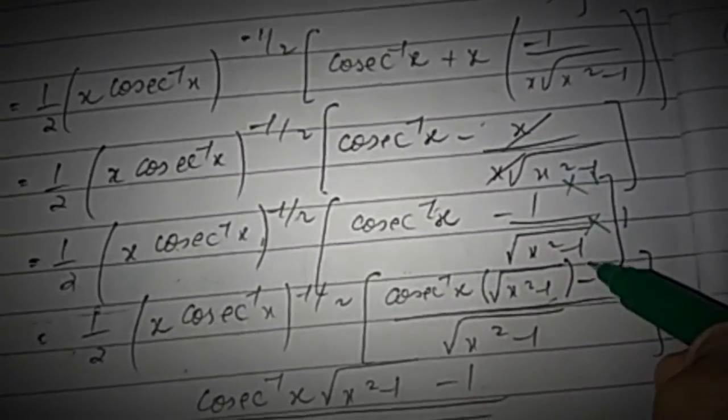x square minus 1 ones are x square minus 1, so 1 will multiply also with 1. So in this way the 1 comes here, and now we have not to take anything, just we have to multiply into x square minus 1 with this.